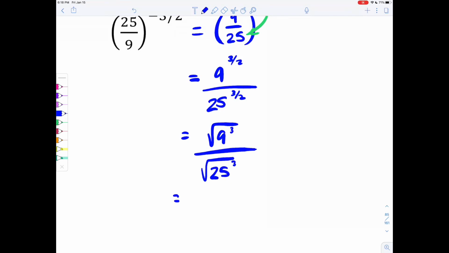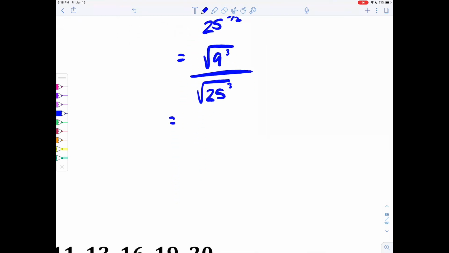I go ahead and do my radical first, and so the square root of 9 is 3, so I end up with 3 cubed. And the square root of 25 is 5, so I have 5 cubed. Last but not least, I have to get rid of them cubes. 3 cubed, 3 times 3 is 9, times 3 is 27.